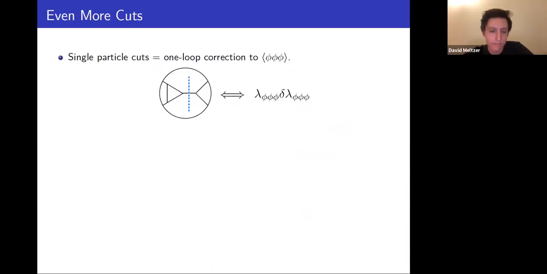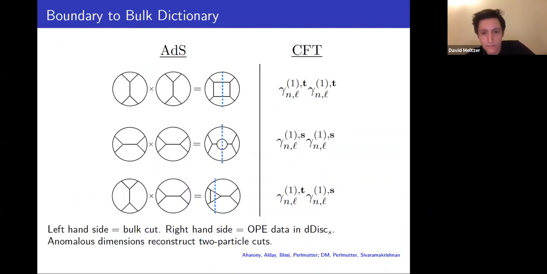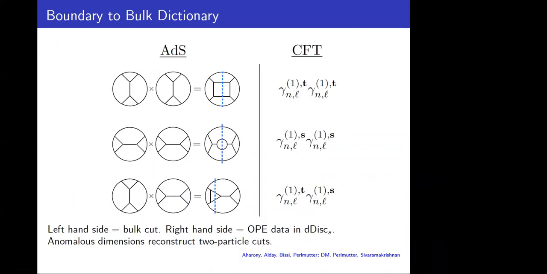Perfect. Okay, I'm being very stupid here, but I don't understand even intuitively why the cutting of this box diagram gives what you say on the left-hand side, these two trees.